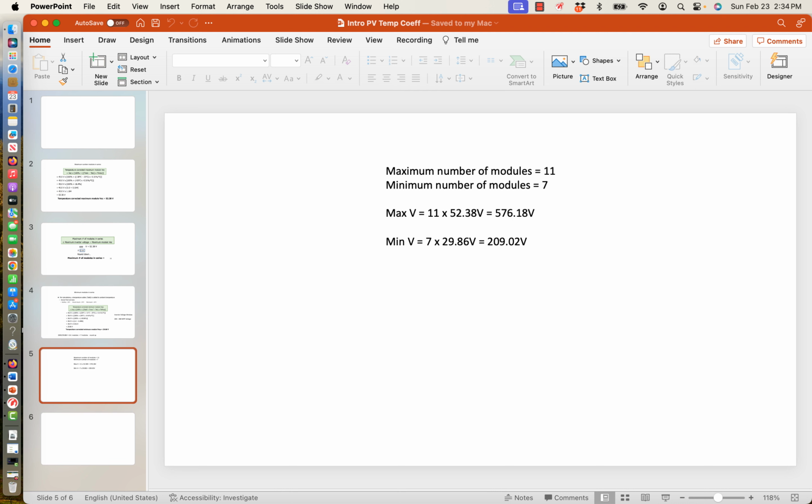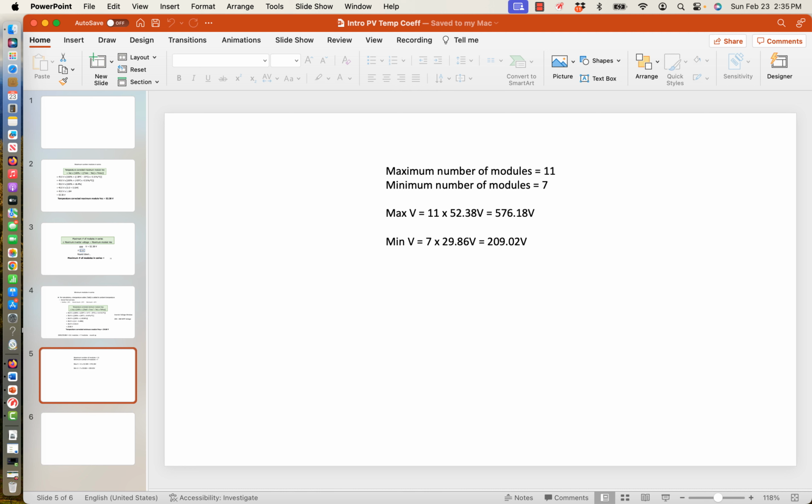So as a result, we can have series strings as big as 11 modules and as small as 7 modules. So somewhere in between there, 7 and 11, is the best matchup of series strings in parallel for this particular inverter.